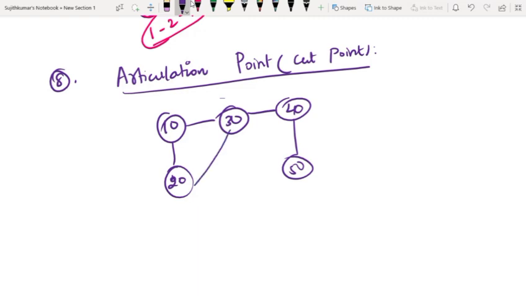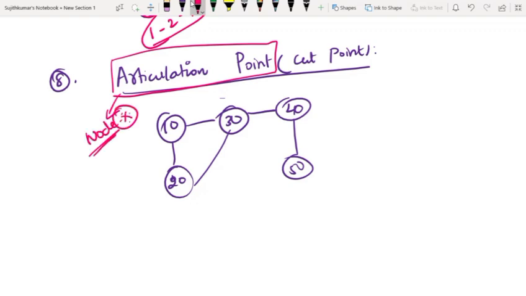The articulation point is a particular node. If you remove that node, if you cut that node, the graph will be disconnected, or the whole graph will be disturbed.